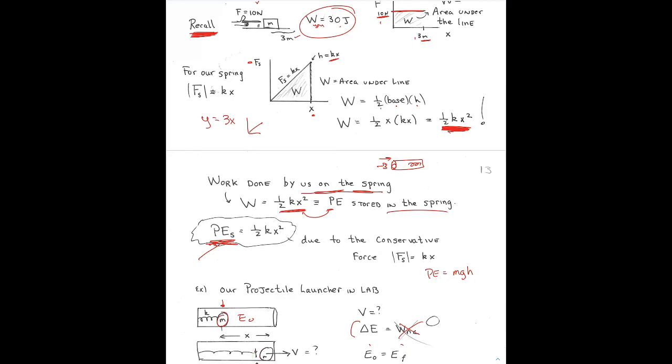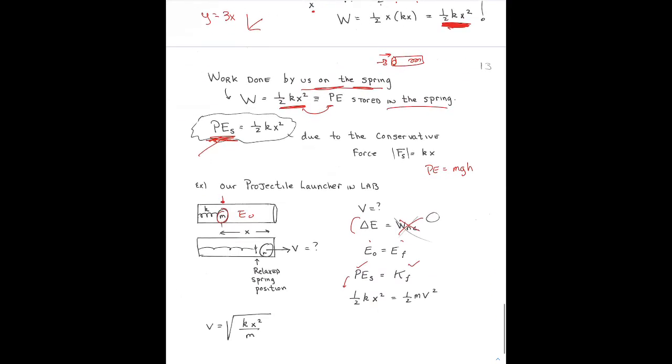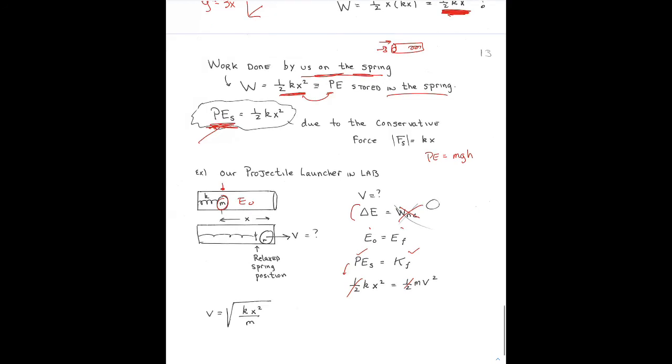So if I put in my initial potential energy, 1/2 kx squared, equal to my final kinetic energy, 1/2 mv squared, get rid of the halves, then I can solve that for the speed v. So we did that lab. If the manufacturer gave you the spring constant k, and you can measure with a ruler how far back you compress the spring, then you can calculate the speed that the ball comes out.